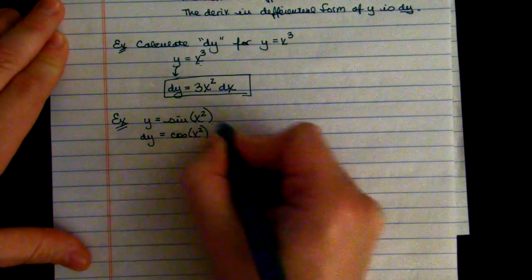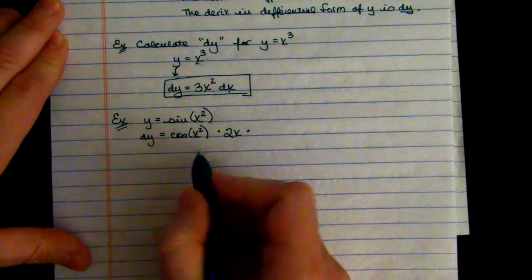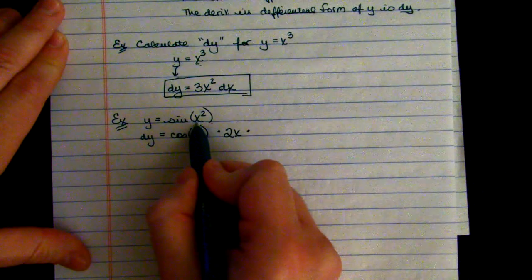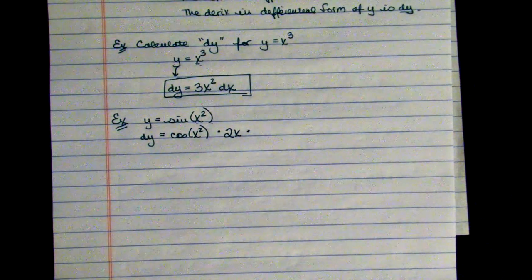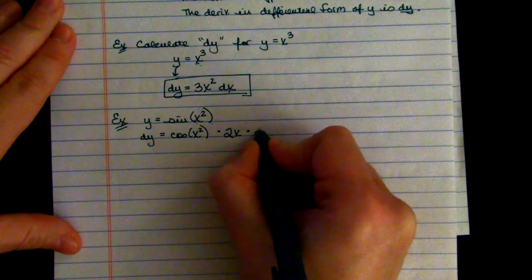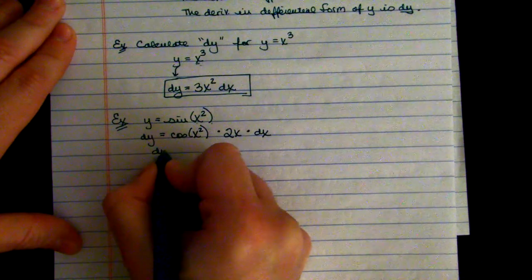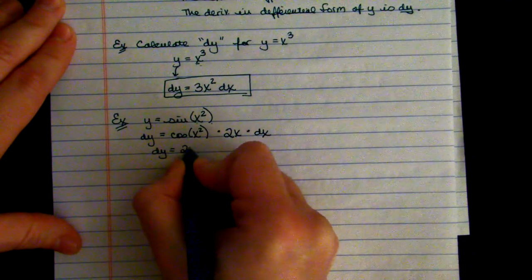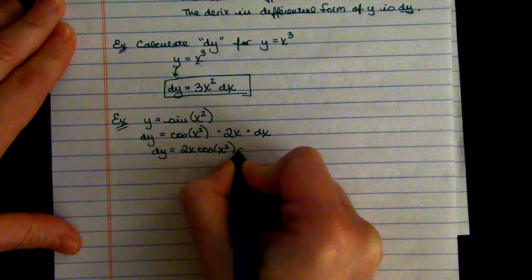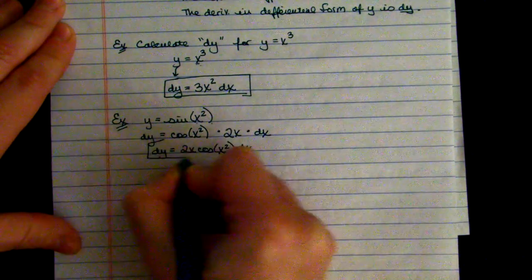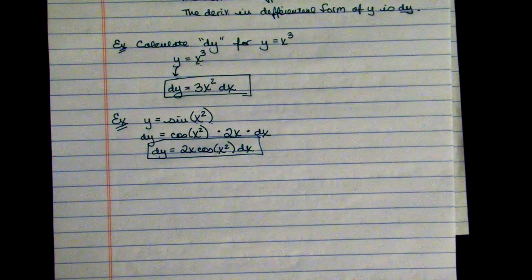What's the derivative of something squared? Well, 2 times that thing, 2 times x. Times, the thing inside that square was an x. What's the derivative of x? We're using Leibniz's notation, so the derivative of x is dx. I can consolidate and say dy equals 2x cosine x squared dx. And that's my derivative in Leibniz's notation.